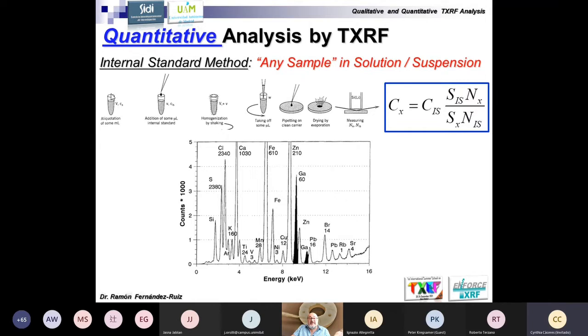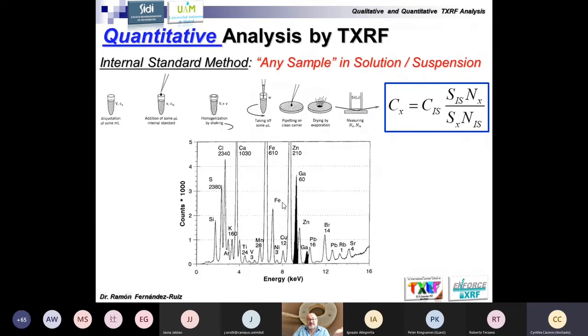And it's very easy. Take an aliquot of our sample, add a precise volume of our standard of very well-known concentration, homogenize, transform into a deposit and analyze, okay, measuring the intensities of the elements present.